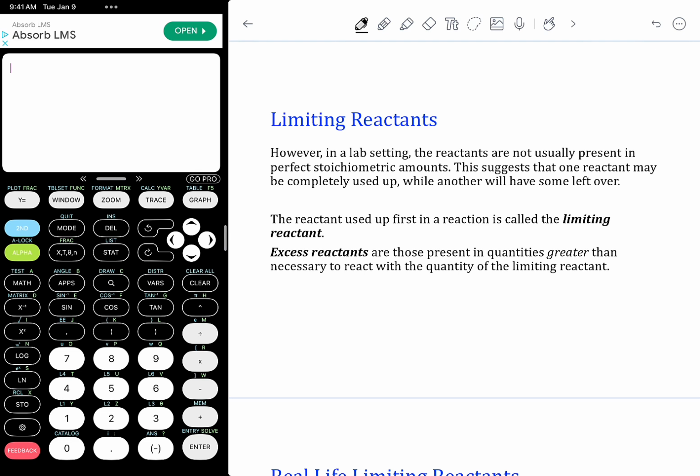So it's whatever is left over. In our example, we have a lot of excess baking soda, and our limiting reactant was the vinegar. I've used up all of that vinegar to make my bubbles and make my volcano, but I have some extra baking soda left over that's unreacted. So what do we do? We keep adding our vinegar.